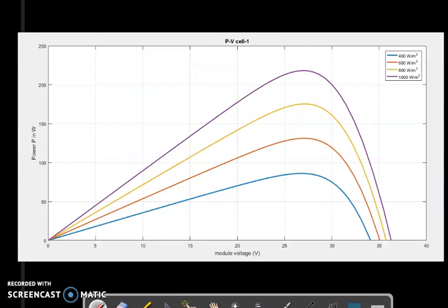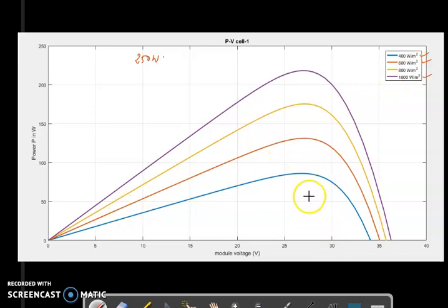And these are the PV curves of a 250 watt solar photovoltaic panel at different irradiance. The irradiance is varied from 400 to 1000 watts per meter square.